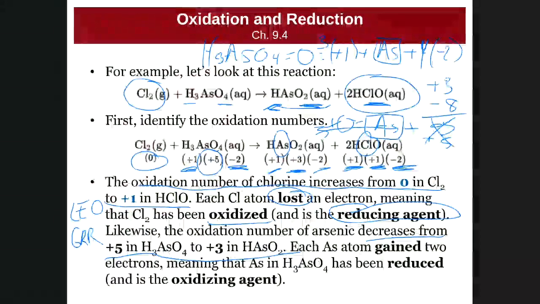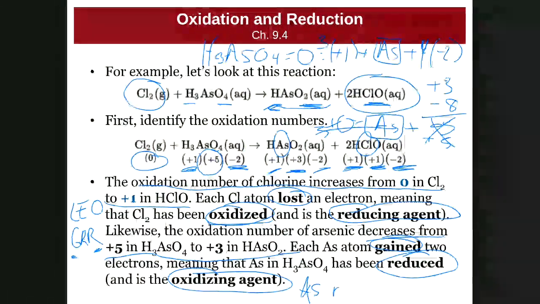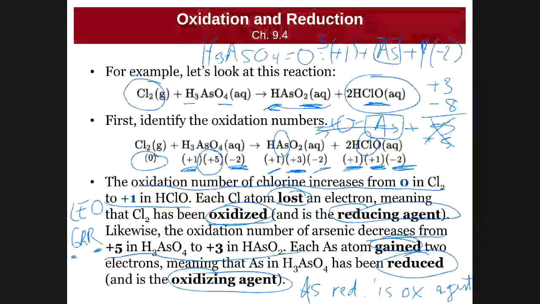Because it decreased, that means it gained electrons. So gain of electrons means that the arsenic atom was reduced. If it is reduced, that means it is the oxidizing agent. So arsenic was reduced and is the oxidizing agent. Chlorine is oxidized and is the reducing agent.